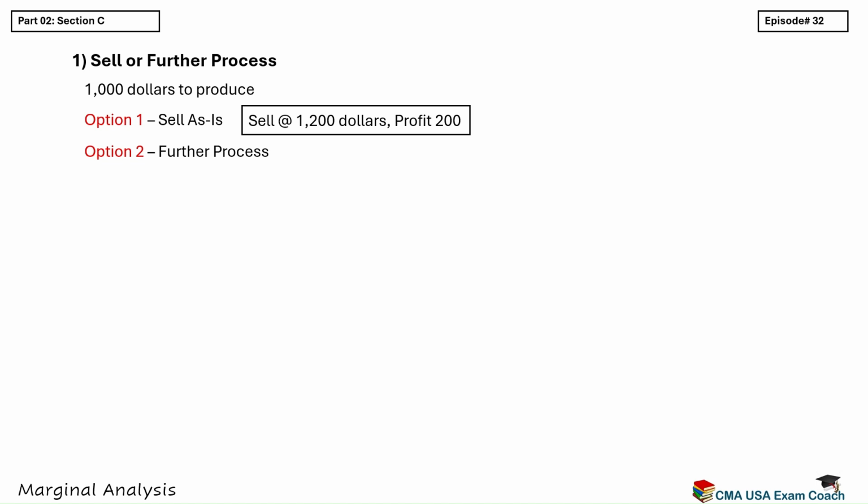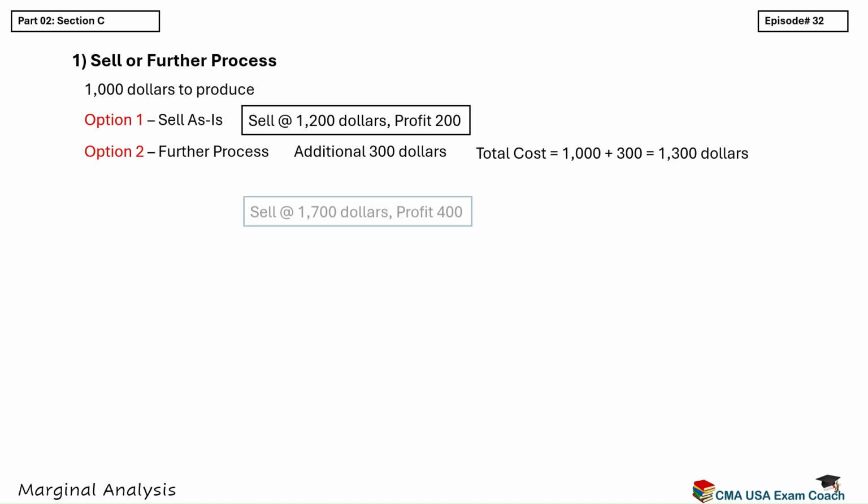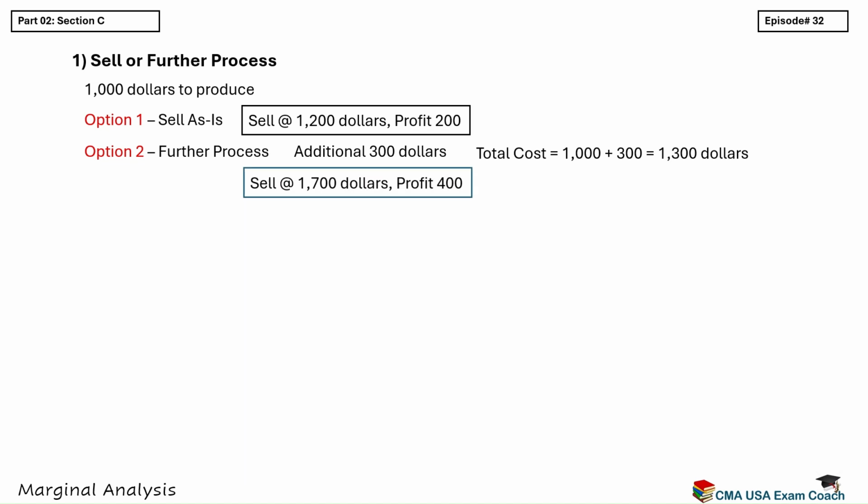Option 2, further process. Or I can spend an additional $300 on further processing the product. That means my total cost will now be 1,000 plus 300 equals $1,300. After further processing, I can sell the product for $1,700.